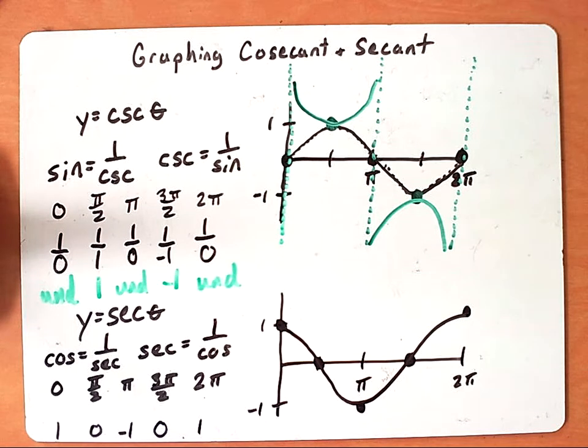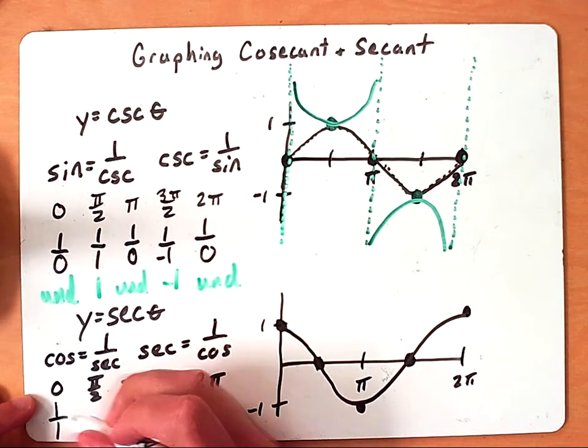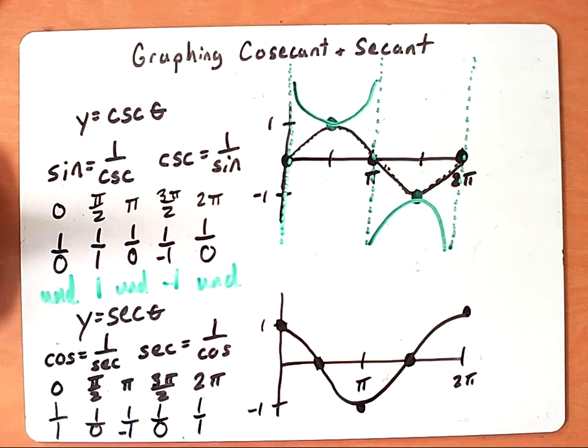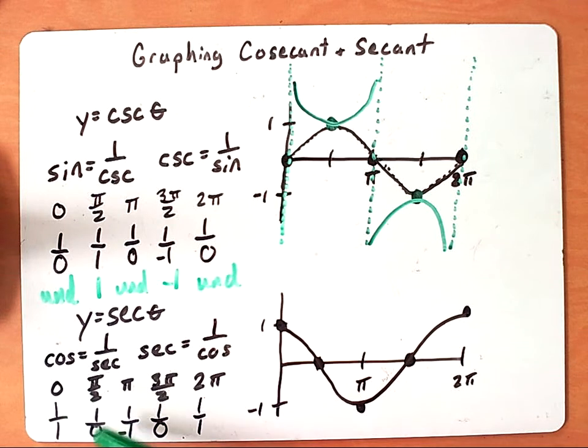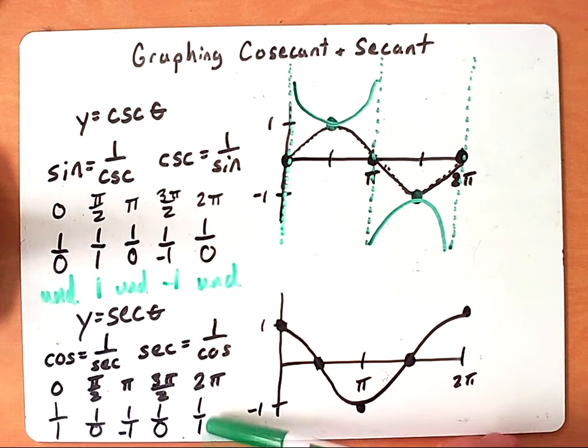Just like we did with cosecant, we put a 1 over each one of these cosine values, and that will give me my secant values. So 1 over 1 is going to equal 1. 1 over 0 is going to be an undefined value. 1 over negative 1 would give me negative 1. 1 over 0 would be undefined. And 1 over 1 is going to give me 1.